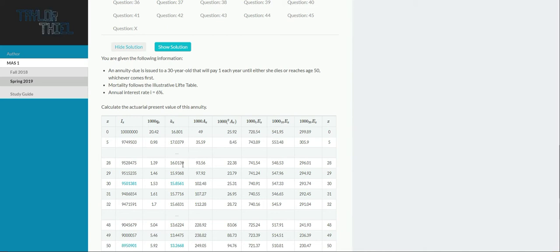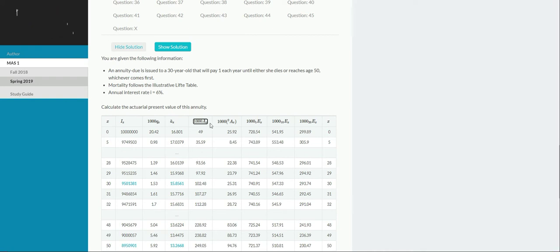If I died when I was 29, I would get $1, and then I'd get another $1 that needs to be discounted 1 year. And I would multiply that by the probability that I die at the age of 29. And then if I'm 30, I would get $3, I would discount them accordingly, and then multiply them by the probability I die at exactly that age. So if you do that for all ages, that's what this quantity works out to be.